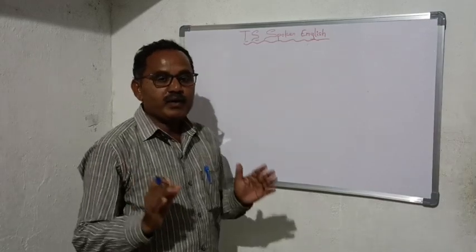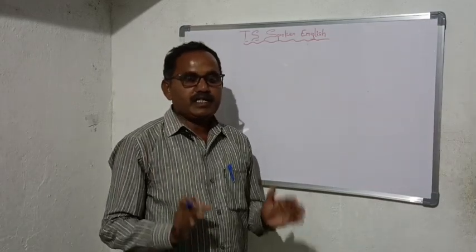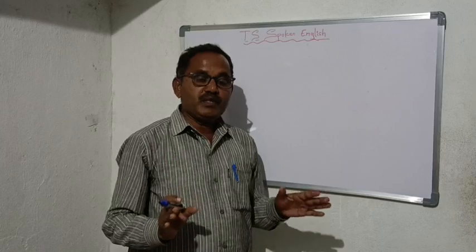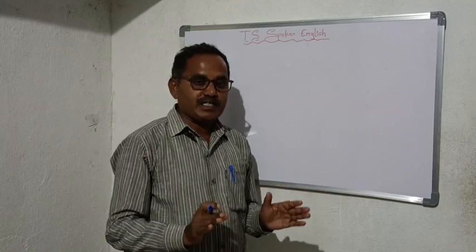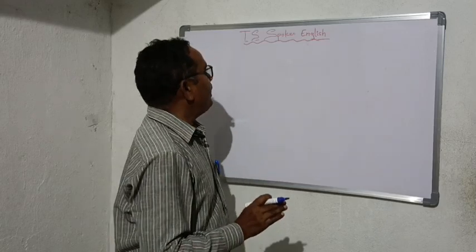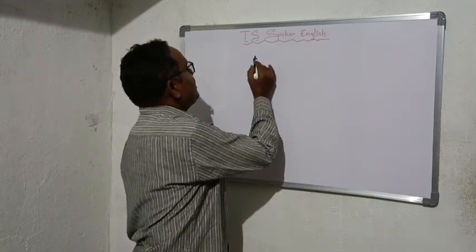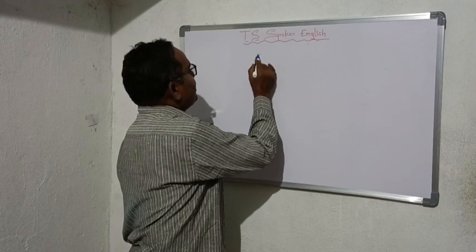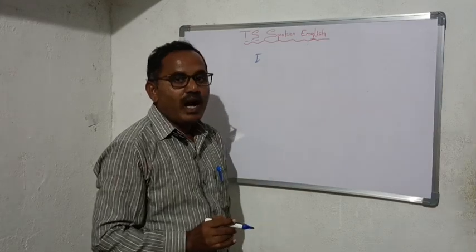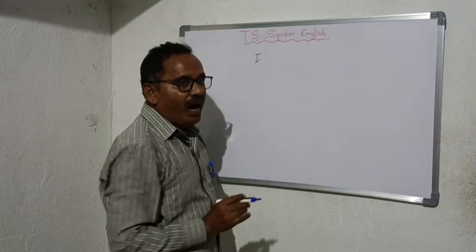When you want to see the English classes which I am teaching in a very easy method so that it is possible to understand. Now we are continuing first person singular I. What is the meaning of I?